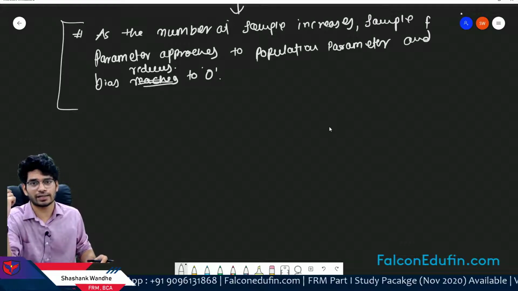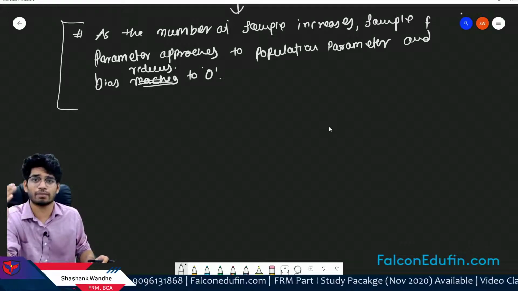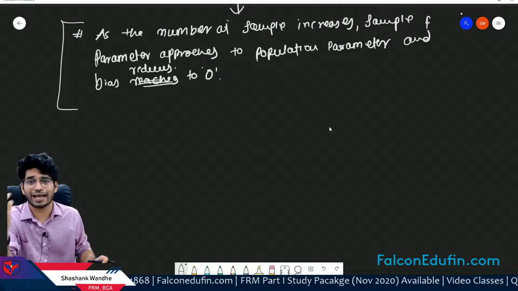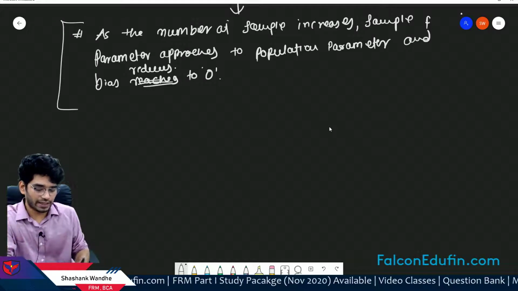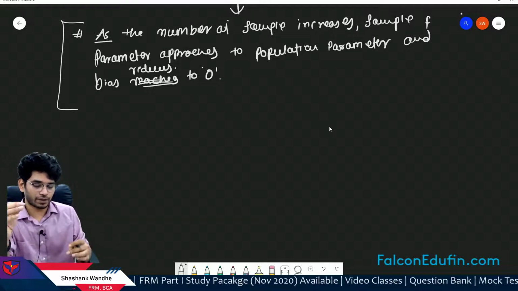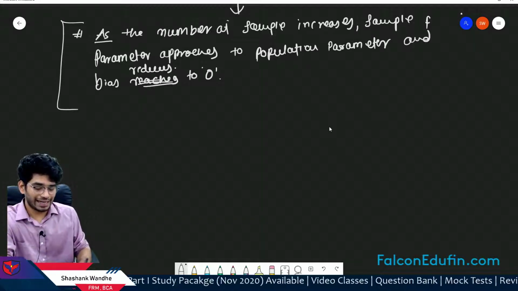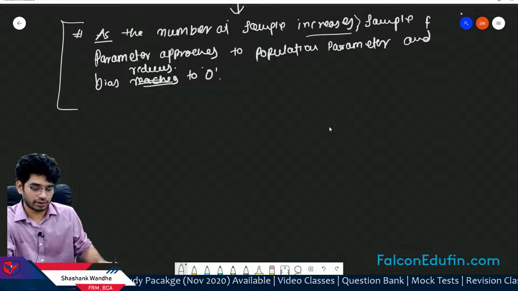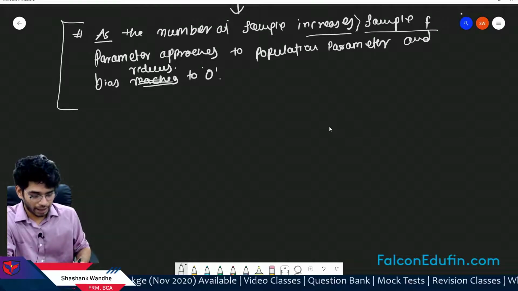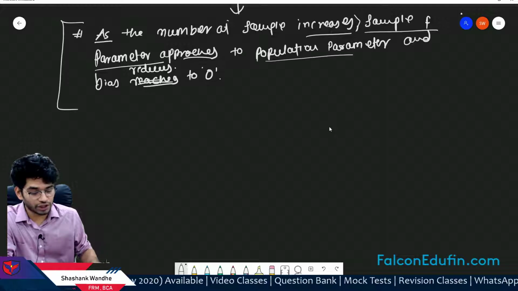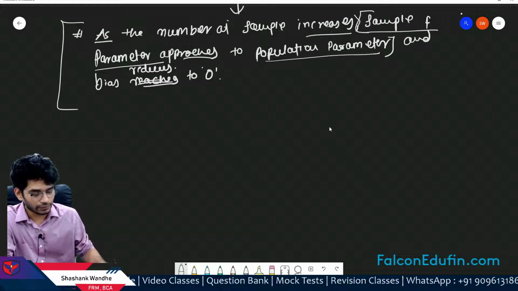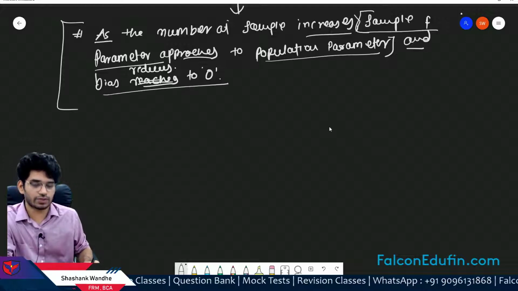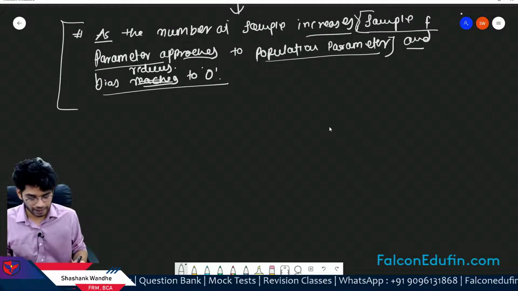So as the number of samples increases, the sample parameter approaches the population parameter, that is accuracy improves, and bias reduces to 0, again the accuracy improves, same thing.